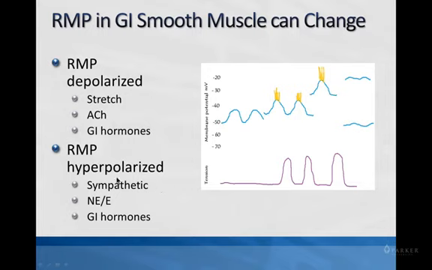So things like sympathetic nervous system stimulation, which releases norepinephrine, or norepinephrine or epinephrine released by the enteric nervous system or even the adrenal medulla, can cause hyperpolarization of the resting membrane potential. There are also certain GI hormones that would do that. So overall, if you hyperpolarize the resting membrane potential in GI smooth muscle, it's less excitable. If you depolarize the resting membrane potential in GI smooth muscle, it's more excitable.